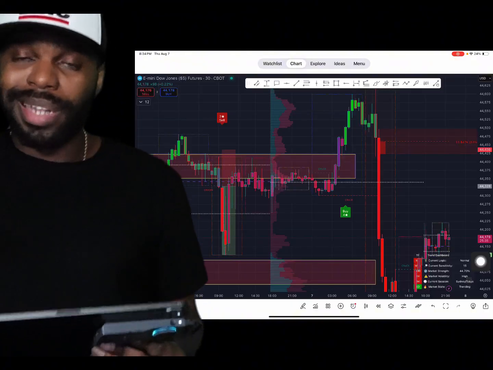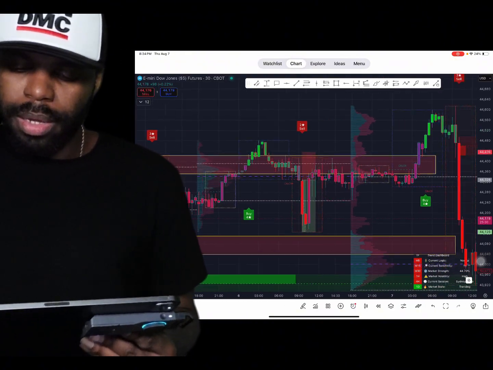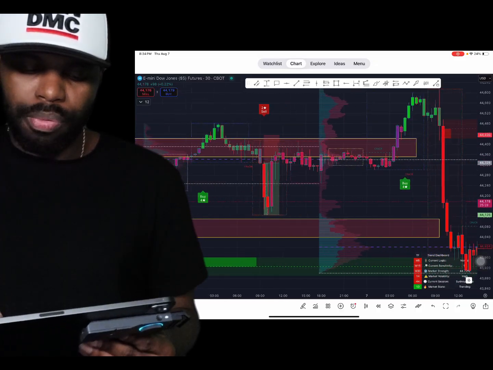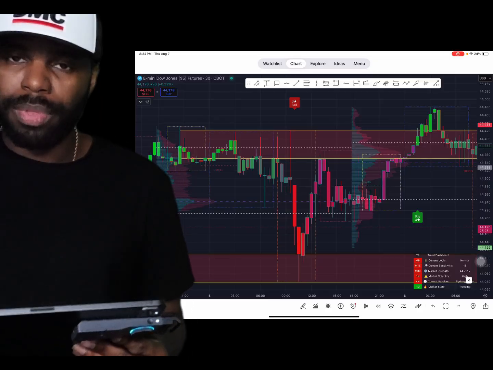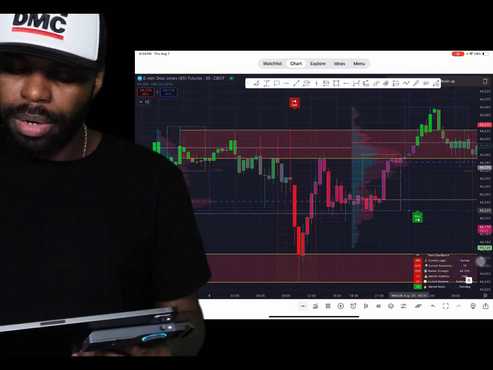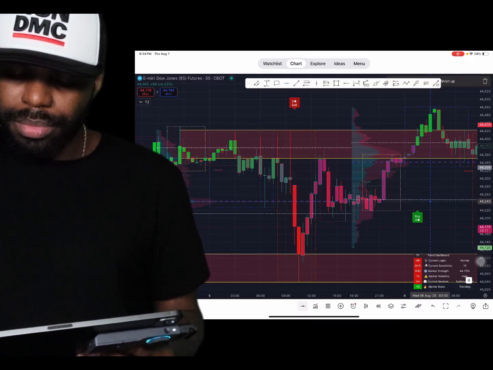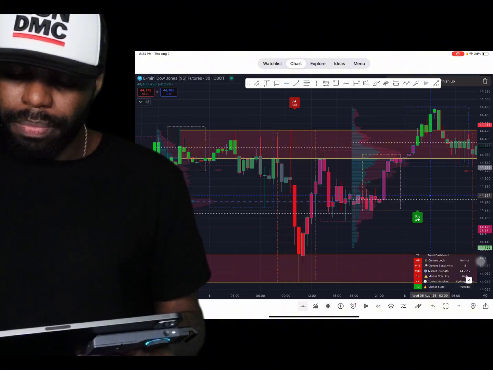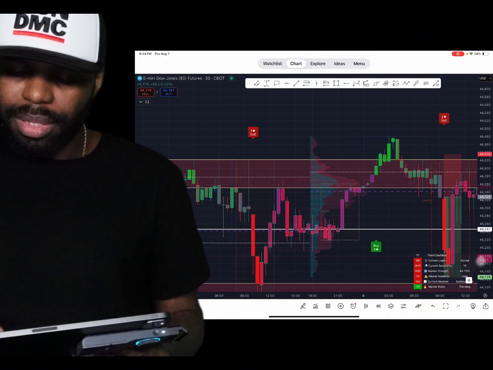So going into today's session, what I would do is look at the previous day's session volume profile, which was right here, and take my horizontal tool and mark up these levels, as you can see right here. Sometimes they line up from previous days too.